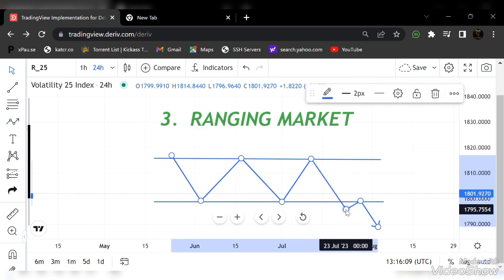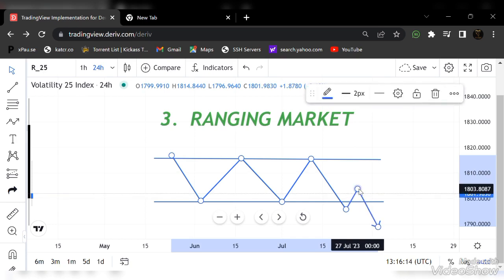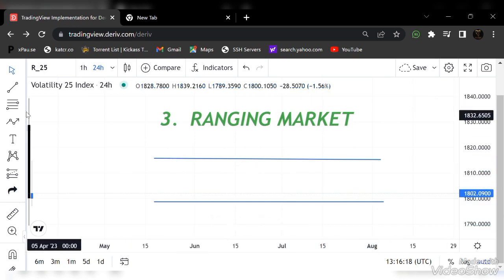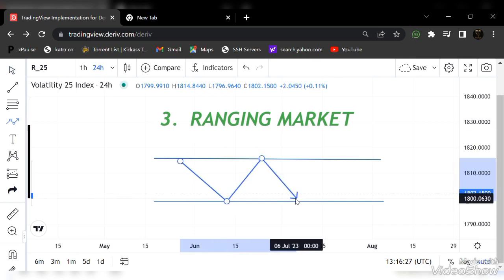Or the market might create a fake out right here, so you have to be careful when you're trading.